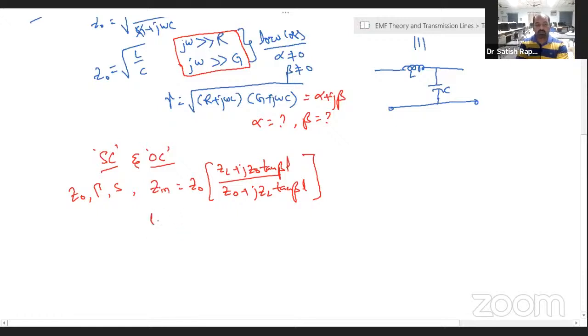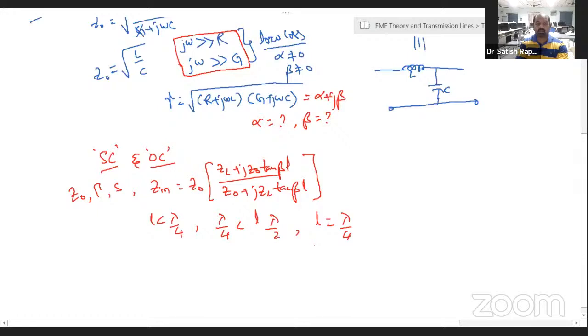That is, for example, L is less than lambda by 4, L is in between lambda by 4 and lambda by 2, and L is equal to lambda by 4.